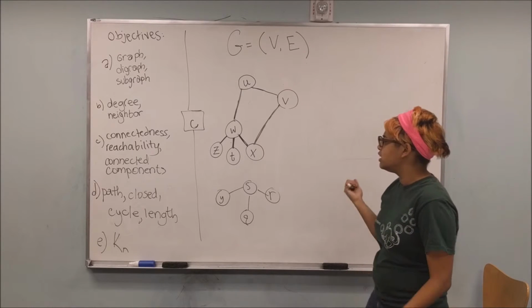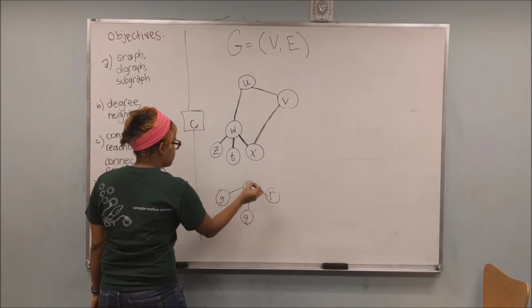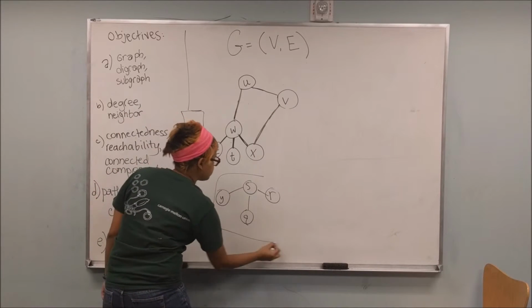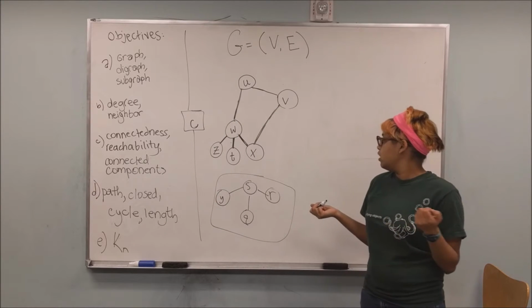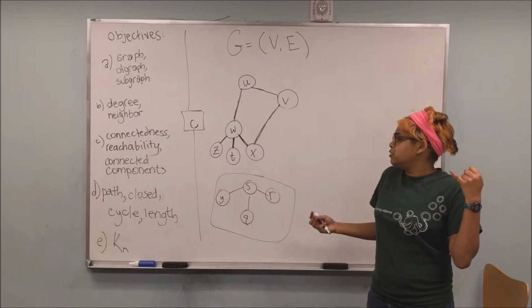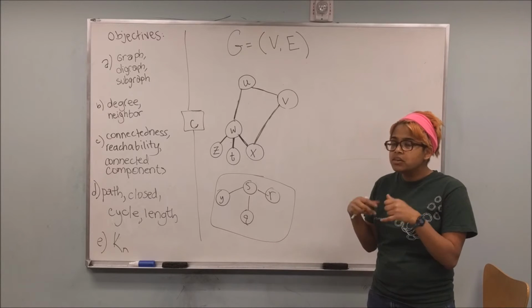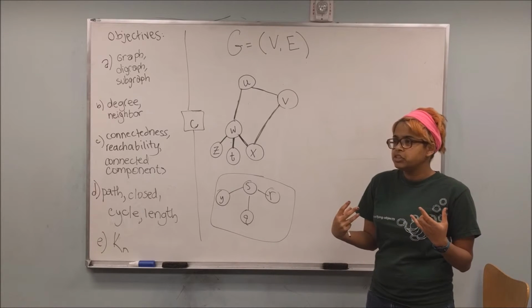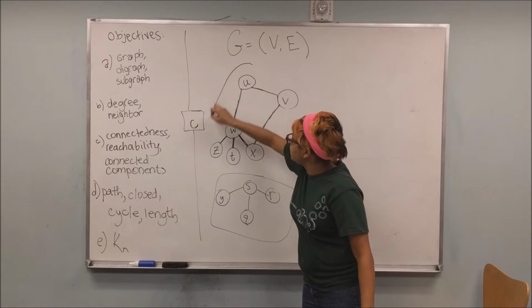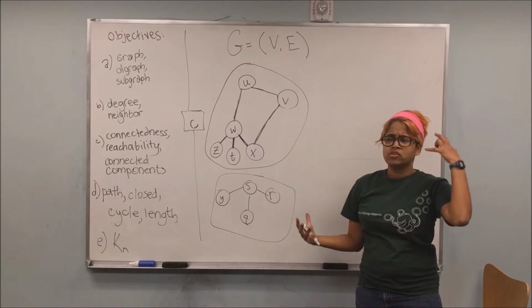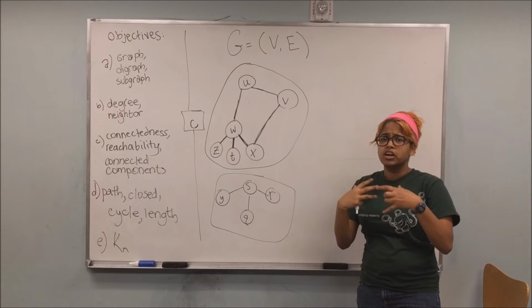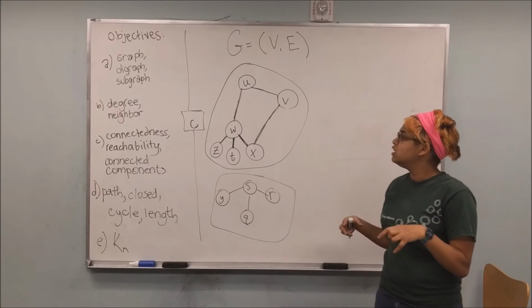So you can see here, with this little segment of the graph that I've written, for example, Q is reachable from R, and S is reachable from Q, and Y is reachable from S, so that little portion right there, you can say, well, that's connected. And then if you look at the top up here, all of these nodes are connected to all these other nodes in this segment.